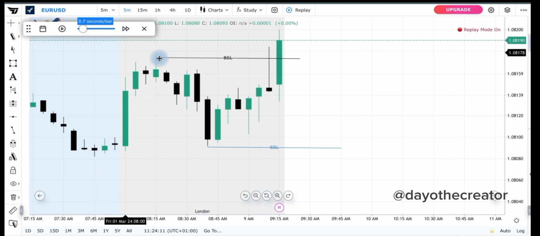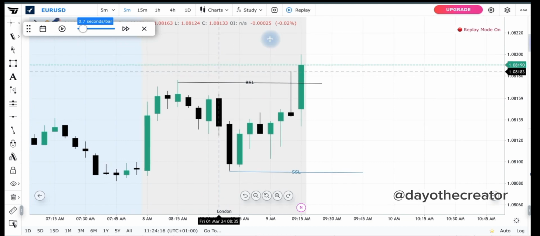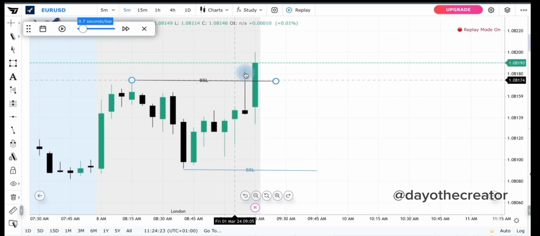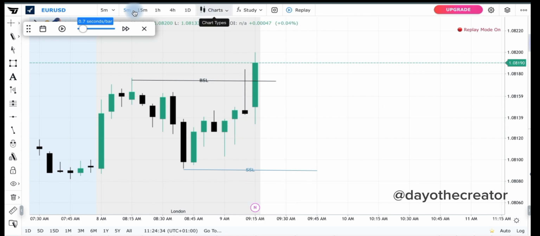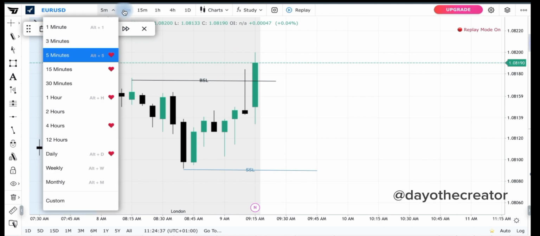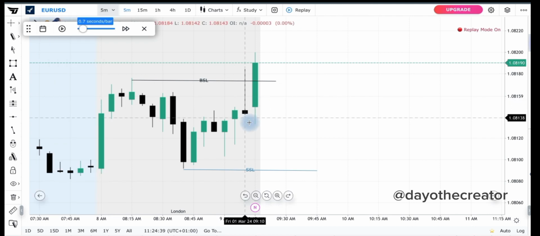As you can see, the market swiped this high with this huge candle, then went down. If you go down to your 3 minutes, you will realize that there is an order block over here, or a fair value gap over here that it tapped into.